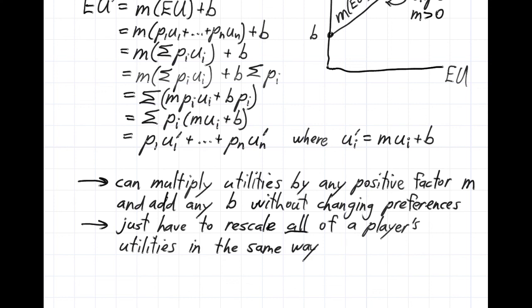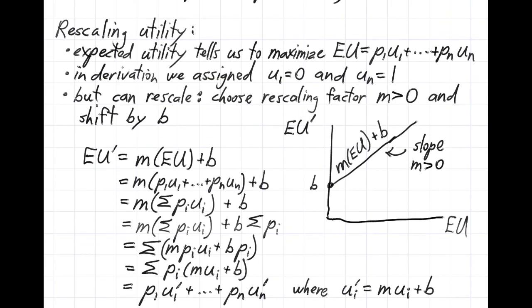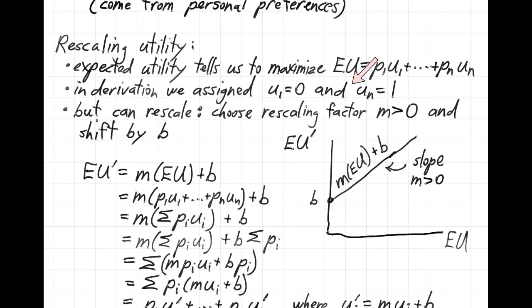So if we want to rescale ui, we have to apply the same M and the same B to all of a single player's utilities. So whereas we originally had u1 equals 0 and un equals 1, those are not important restrictions. All we need is there has to be a lower bound and an upper bound, a best and a worst, or I should say a worst and a best outcome among the choices that we have. And we can assign those any utility we want.